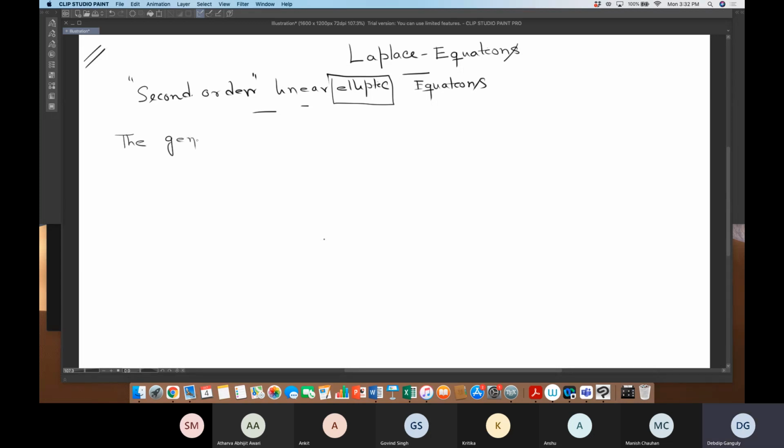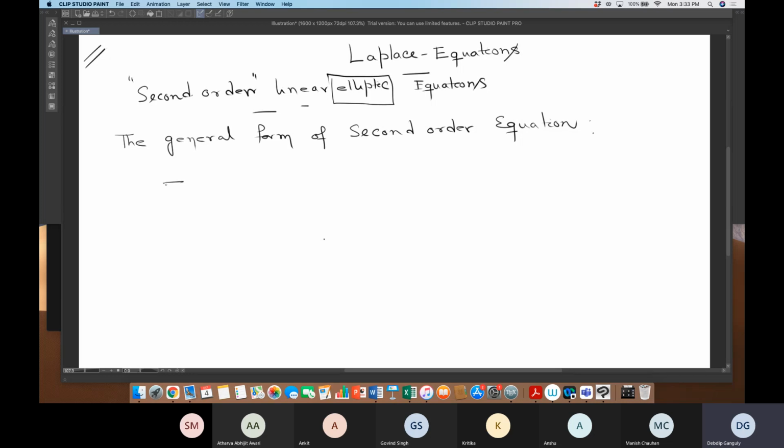the general form of a second order equation is like this.